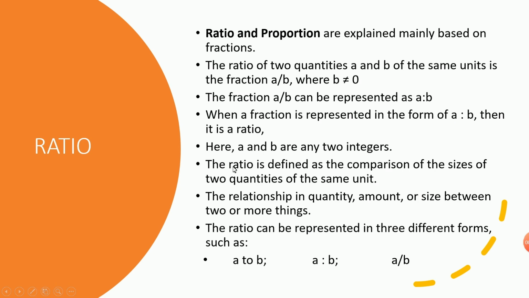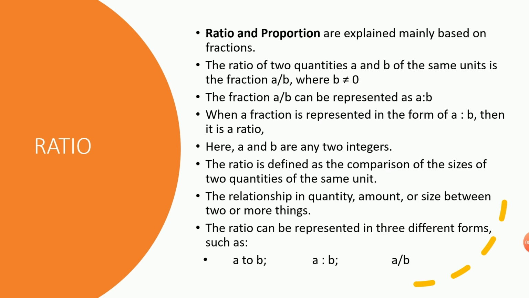So why is ratio used? Because it is defined as the comparison of the sizes of two quantities of the same unit. Let's take a bag of sugar. We take sugar in one cup and we take another cup of sugar.